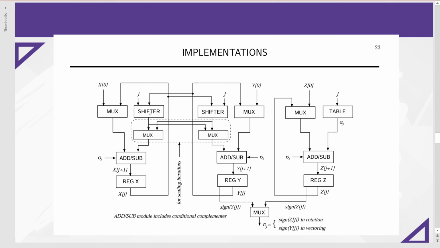First is the mux, second is the shifter, which will shift the particular data by i bits. Then the adder and subtractor, which depends upon the sign of the particular process, like for the rotational and the vectoring mode, and the register part in which we have to store the values. Here the table is used because the predefined values are also needed to compute the z values.